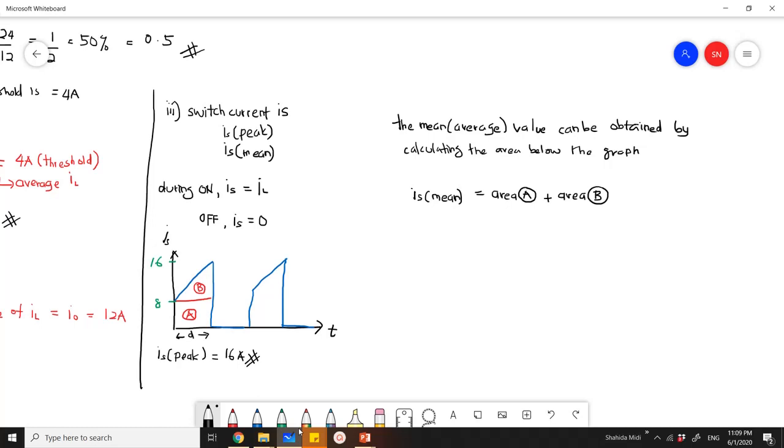Okay, so here this is equivalent to 8 multiplied with D plus half, because we have a triangle over there. Okay, so finally we got this as 6 ampere.